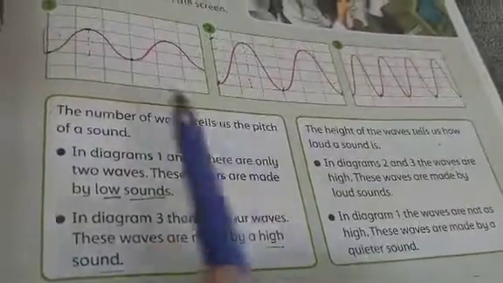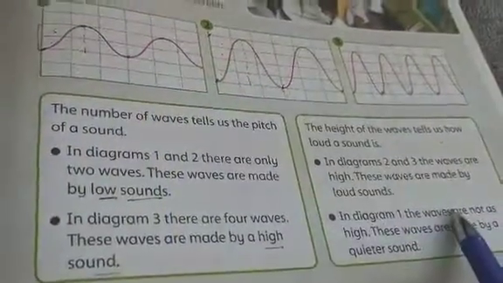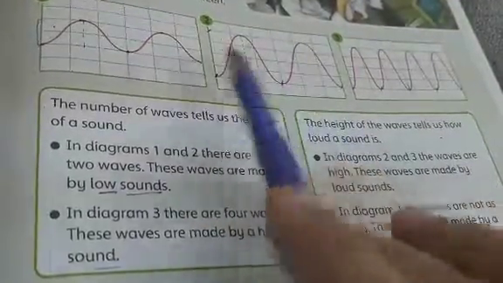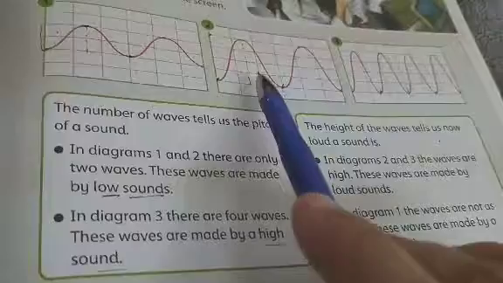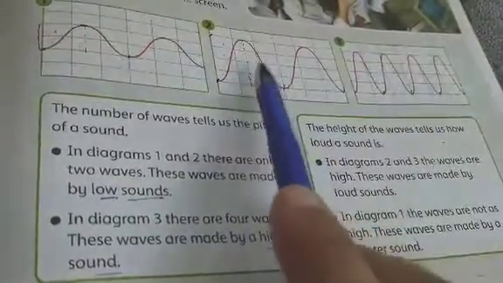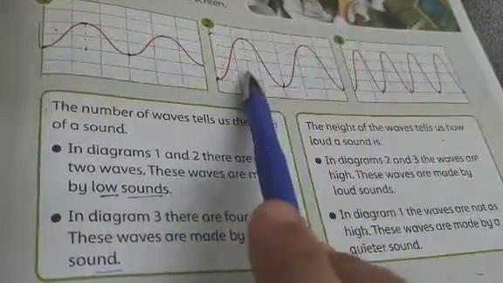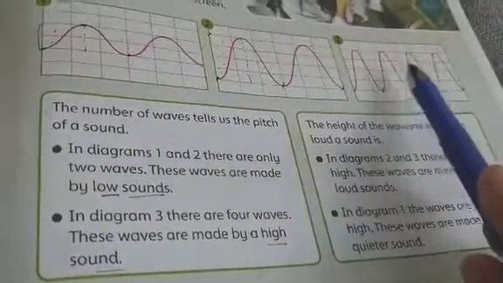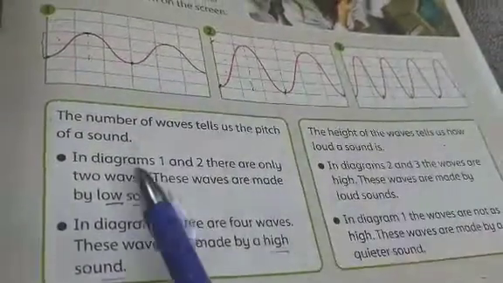In diagram 1, here, the waves, this one will be what? Low pitch, because we have here 2 waves only. So this is low pitch and what? Loud sound. Low pitch, loud sound. And here, high pitch, loud sound.